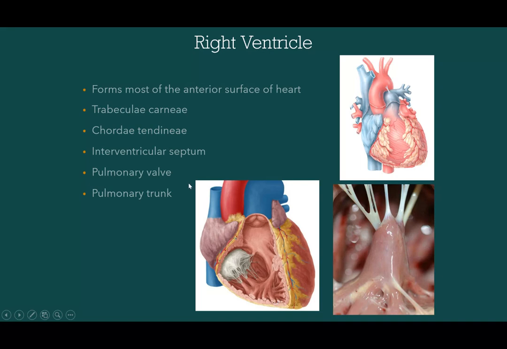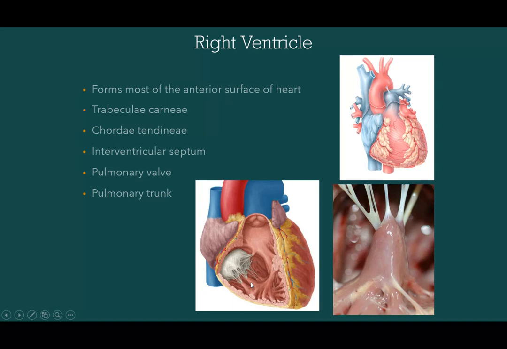Awesome. Now, if we're looking at the right ventricle, let's say we were following the flow of blood. So blood would move from the right atrium through the tricuspid valve, which we see, into the right ventricle.